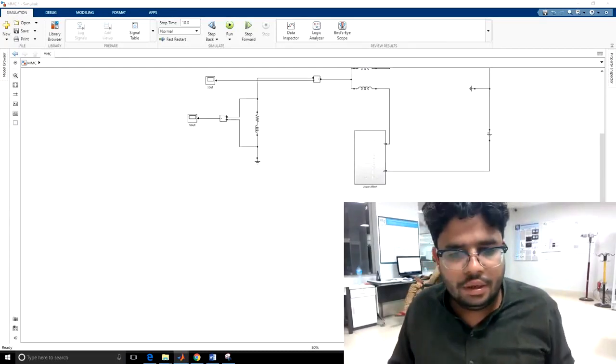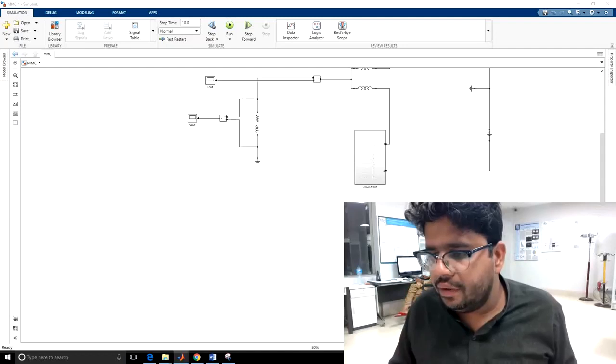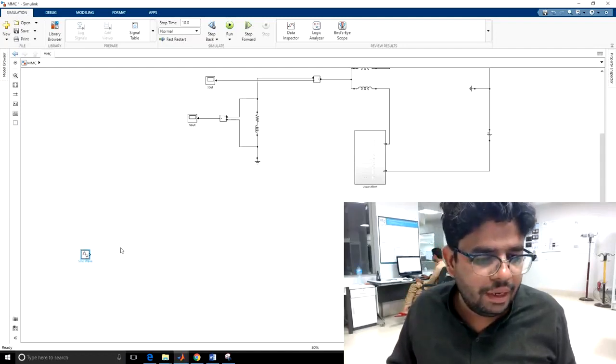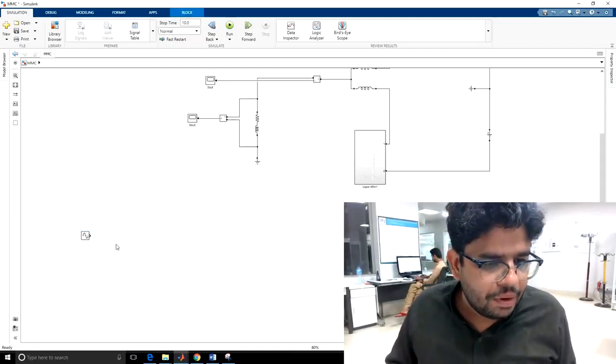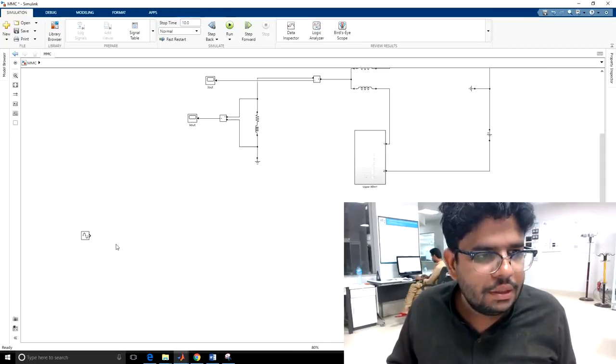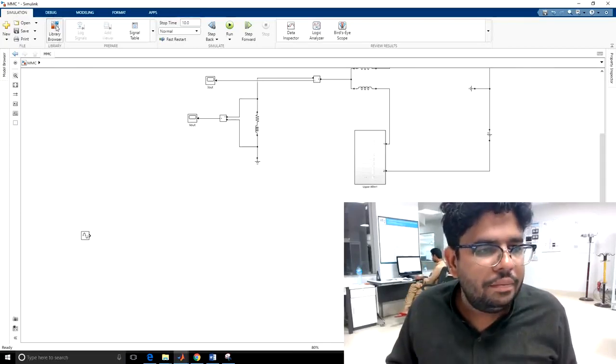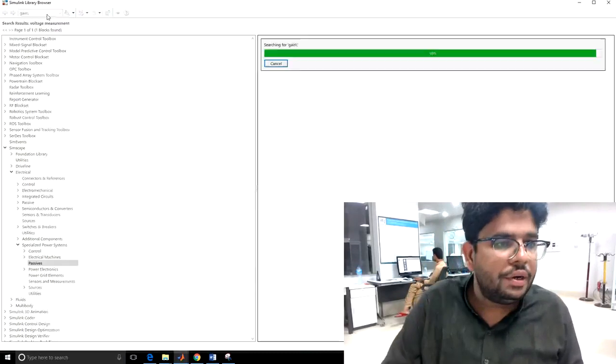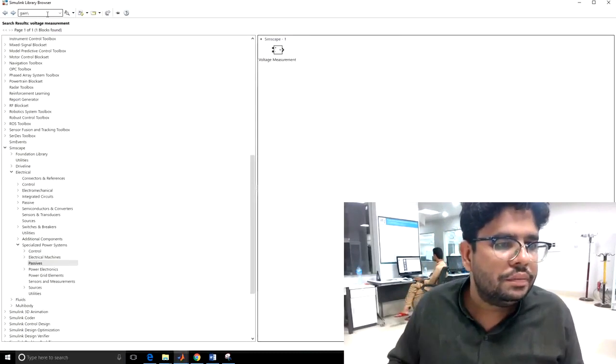Alright, I need a sine wave from the library browser. So this is a sine wave from the library browser. Alright, and I need to take a gain block.